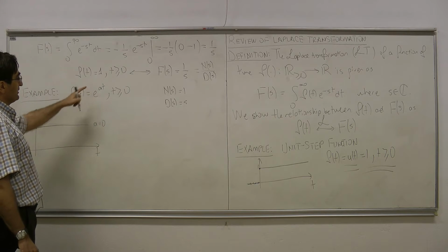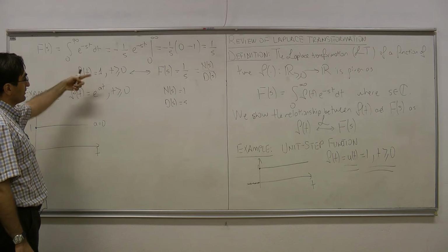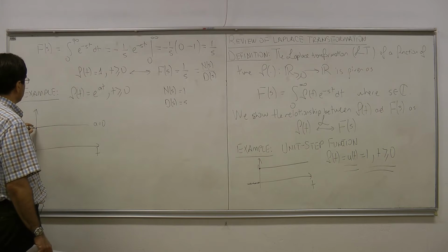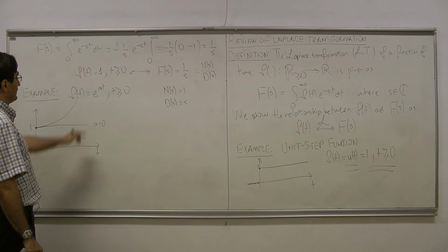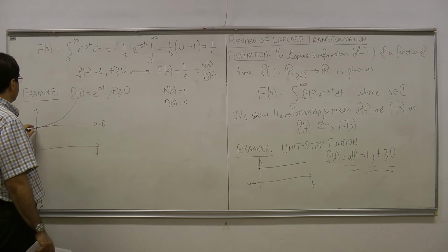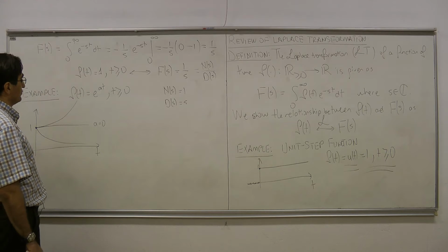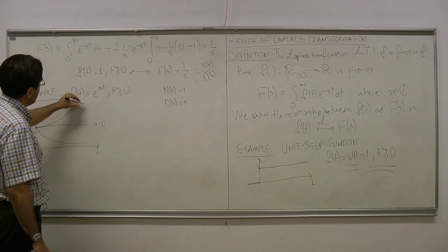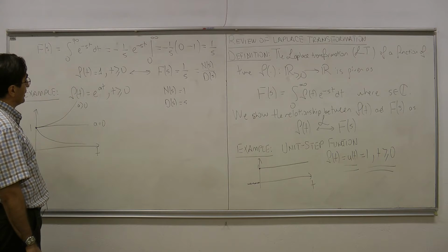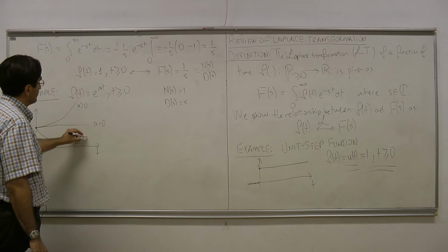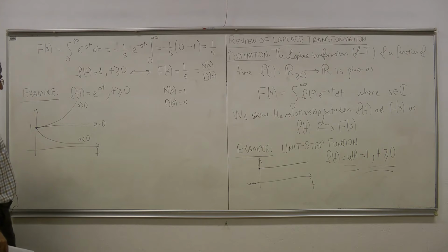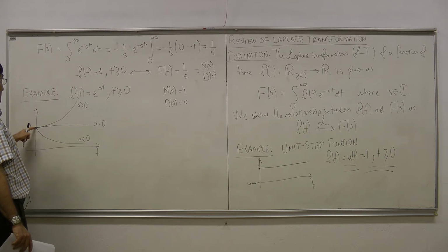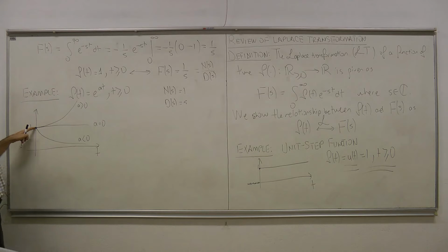When a is positive, as t increases, this function is increasing exponentially, obviously. And if a is negative, then the function is decreasing exponentially towards 0. So this is the case when a is strictly larger than 0, and this is the case when a is strictly smaller than 0. But the values of these functions are all equal to 1 at t equal to 0.